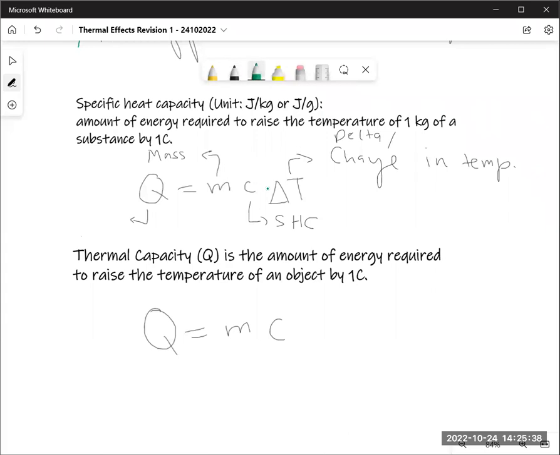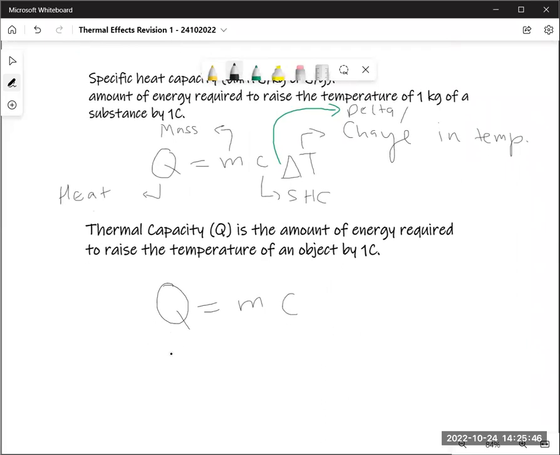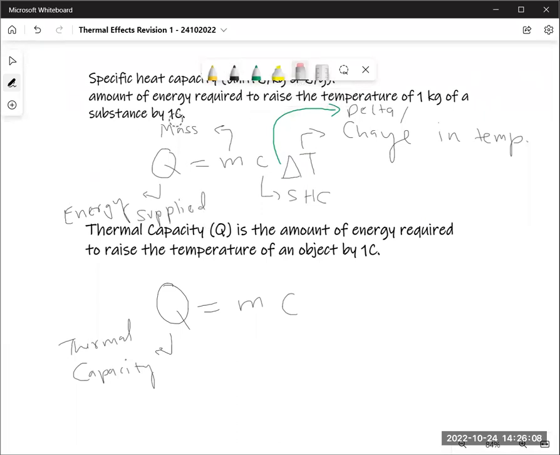And Q over here means heat. Q over here means thermal capacity. Now you can use E, or if you want, it's fine. But these two are actually a bit different. This is heat energy supplied, the energy you're providing to it. M is again mass, and C is specific heat capacity.